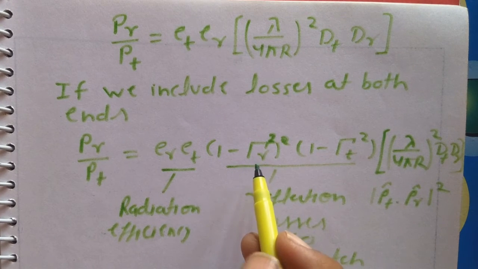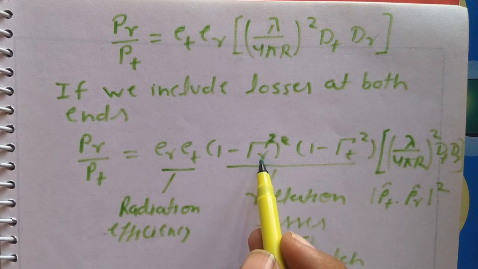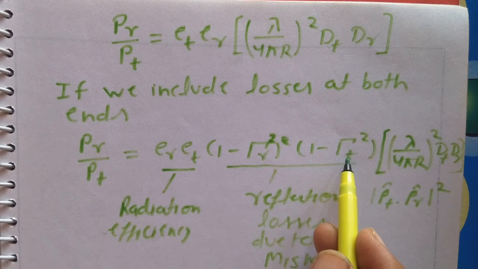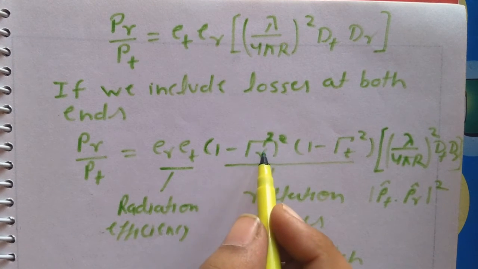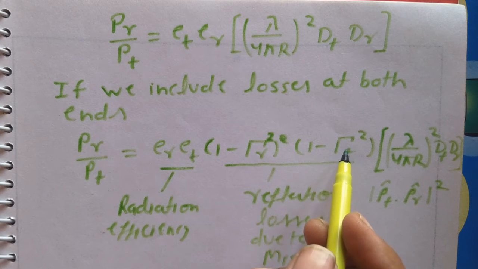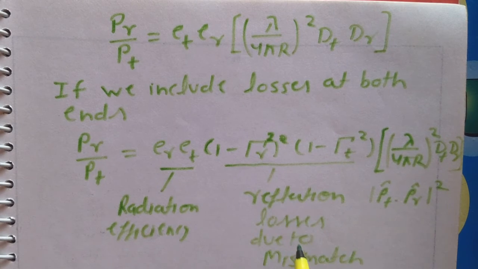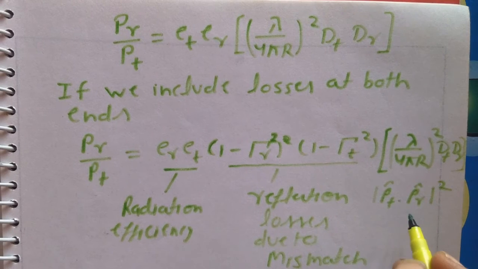Okay, if there is a mismatch at the receiving side and mismatch at the transmitting side, then these parts will come into the formula, 1 minus mod of gamma r square and 1 minus mod of gamma t square. These are the reflection losses due to the mismatch.